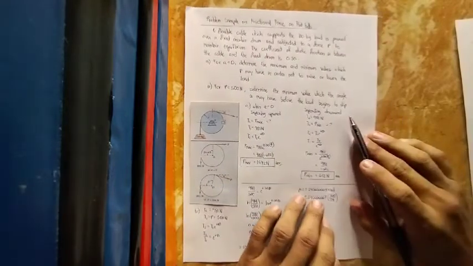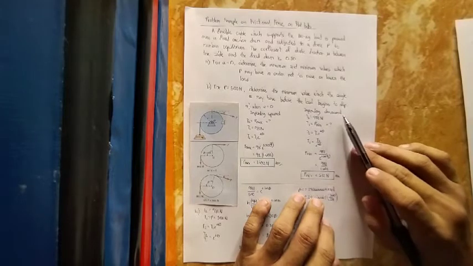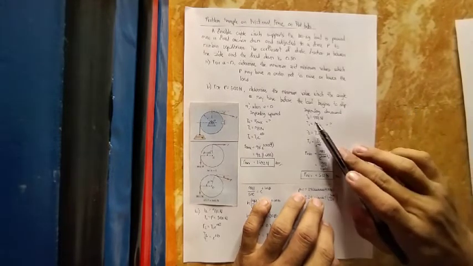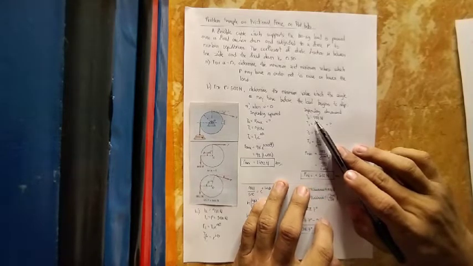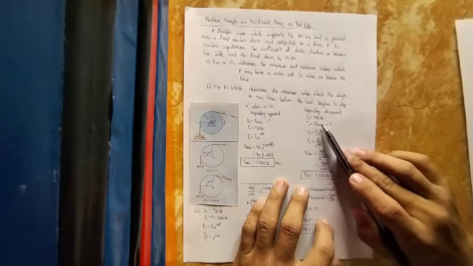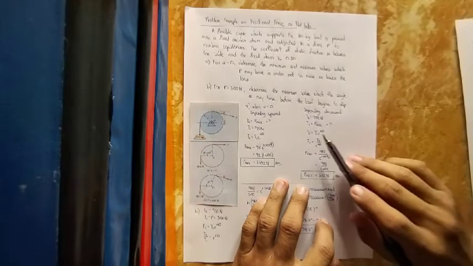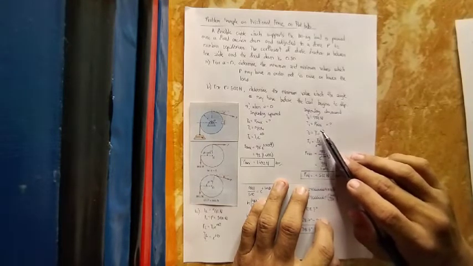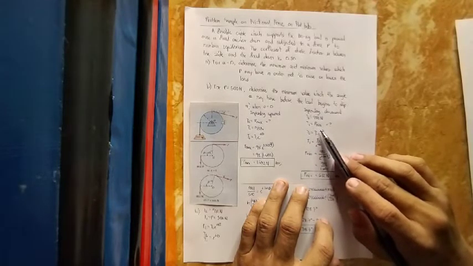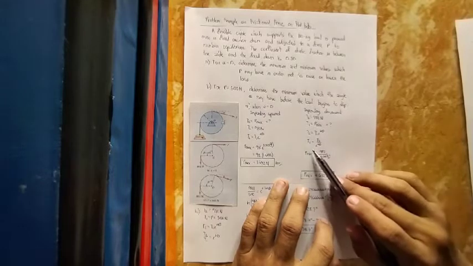Ngayon, when the impending motion is downward, ang given data natin is tension 2 is equal to 981 Newton. Ngayon, ang hinahanap naman natin is yung tension 1 which is the minimum value of P. Ito yung unknown.